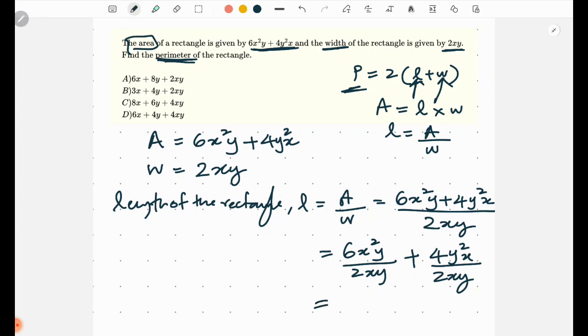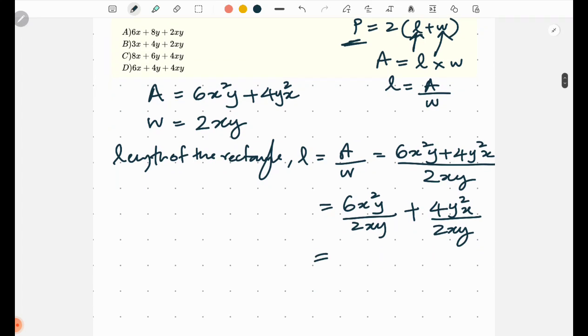Now we'll use laws of exponents. 6 by 2 is 3, and x² by x is x, because a^m by a^n is a^(m minus n), so x^(2 minus 1) is x.